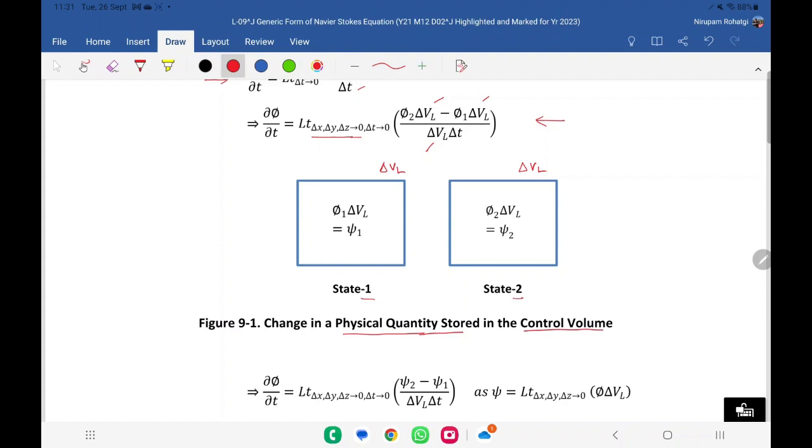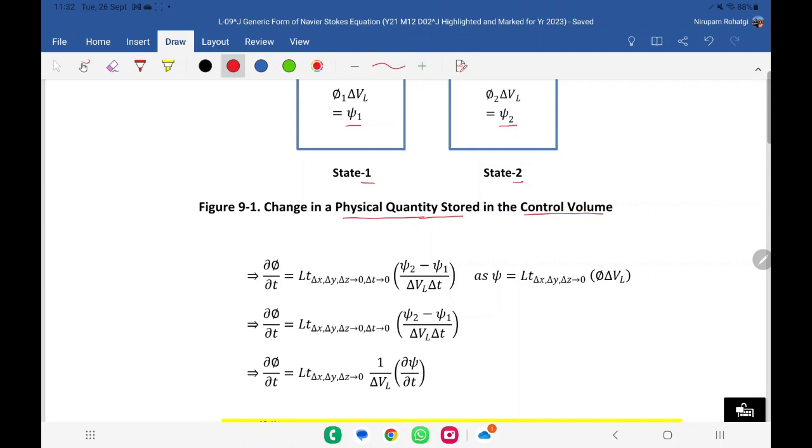So we have a control volume where the final value of that physical quantity is psi 2 and the initial value is psi 1. Right? Psi is volume into phi. Okay. So what is stored is psi 2 and what is originally there, psi 1, the difference between the two.